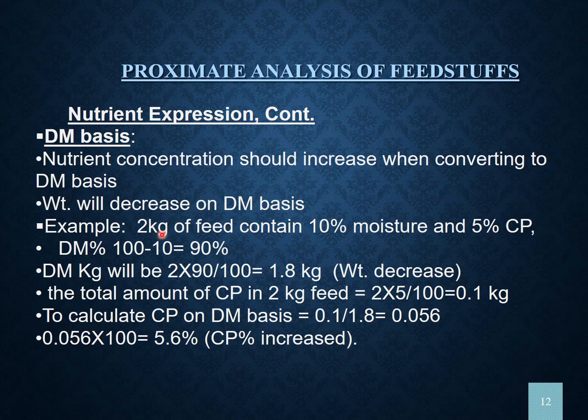After we remove the moisture, or calculate it as dry matter basis, the weight of the feed is 1.8 kilograms, so it decreased. So 1.8 kilograms of dry matter includes all the dry nutrients inside without moisture.